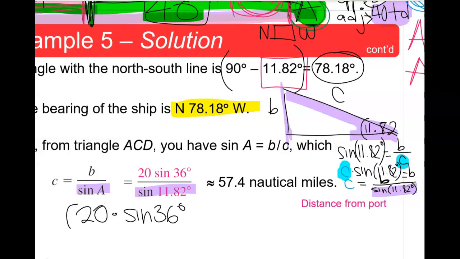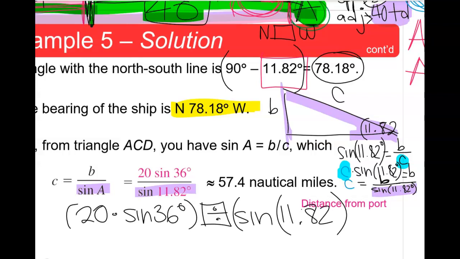Make sure your calculator is in degrees, and then press the division key, and then sine of 11.82. In fact, you don't really need the parentheses here after the division key. And so if you do that, please check that you get the correct answer, which is 57.4 nautical miles, and that will be rounded to the nearest tenth.